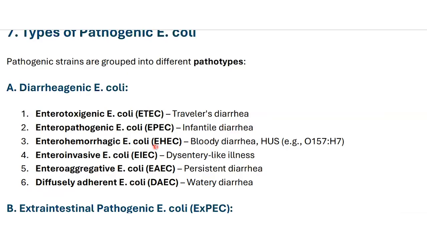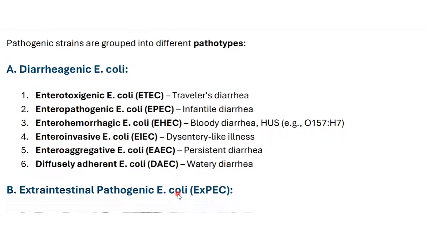Enterohemorrhagic E. coli, EHEC, causes bloody diarrhea and HUS, hemolytic uremic syndrome. Specifically, what type of strain? It causes O157:H7. Enteroinvasive E. coli causes a dysentery-like illness, enteroaggregative E. coli causes persistent diarrhea, and diffusely adherent E. coli causes watery diarrhea.